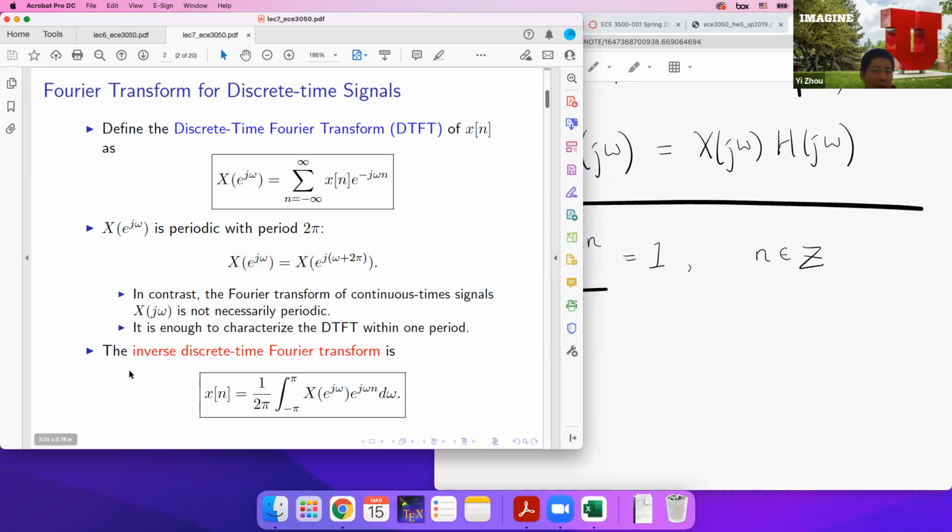And because of that, the inverse discrete time Fourier transform is defined in a similar way as the inverse continuous time Fourier transform, but because of the periodic nature, the integration in the inverse transform is taken over one period from negative pi to pi. In the continuous time inverse Fourier transform, we have to integrate over the entire frequency domain.